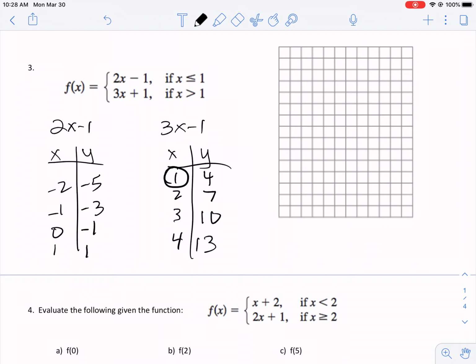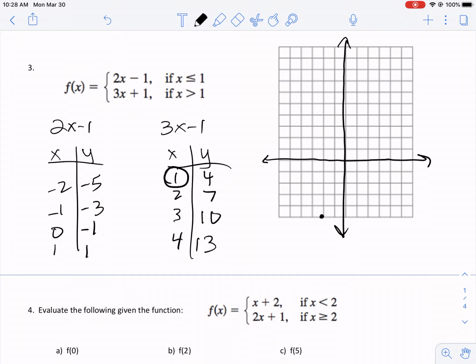Alright, and I'm not sure I'm going to fit all these points. I have to go down to negative 5, so I'll make sure I get that one on there. Alright, we'll call that good enough.